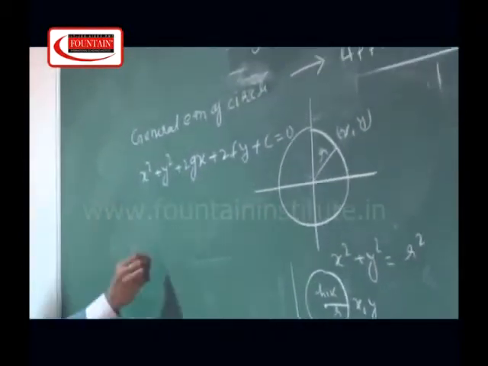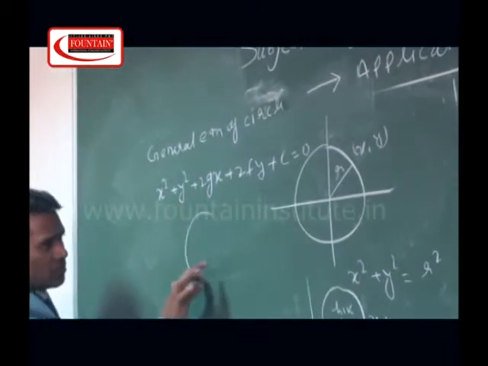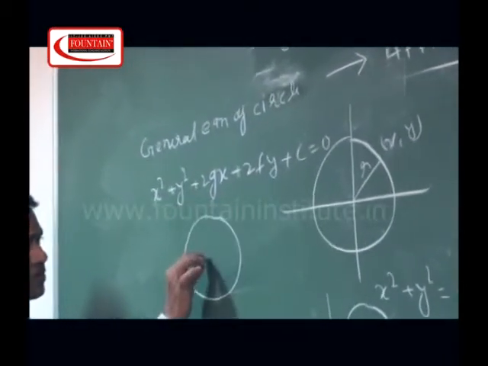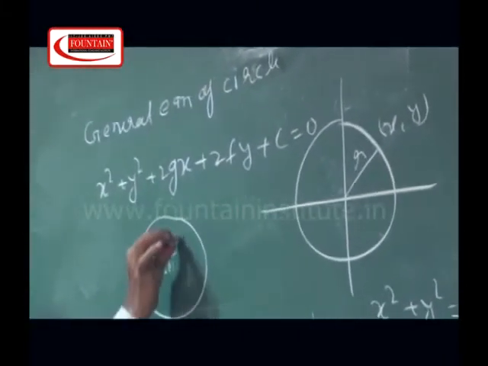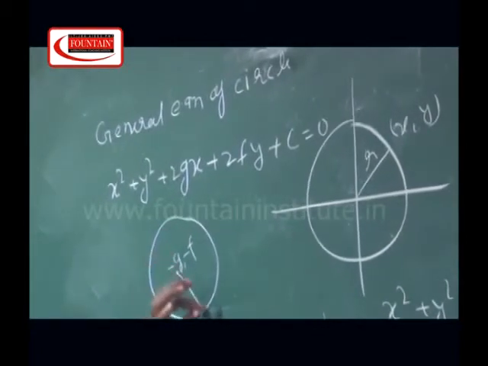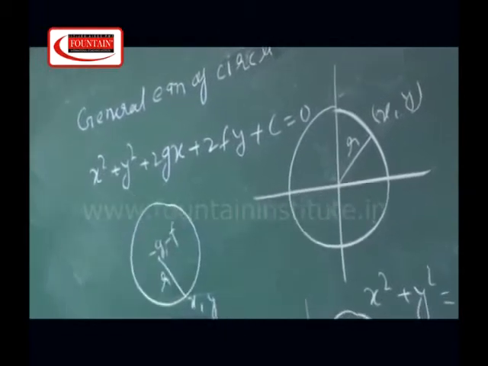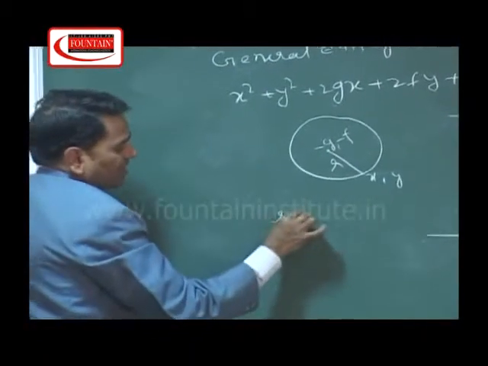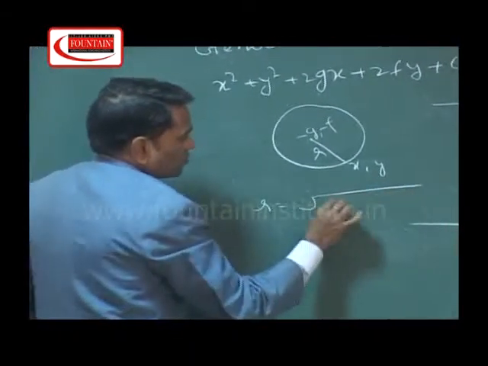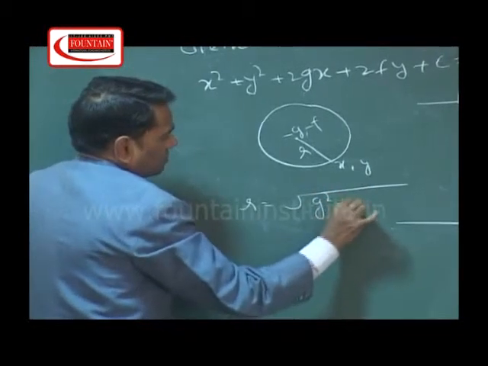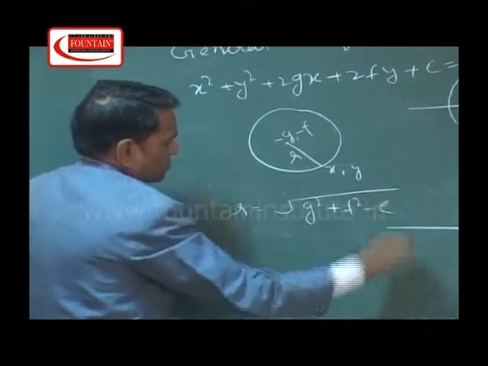In this, the circle's center is minus g comma minus f and whose radius is r, passing through x comma y, so the value of radius r is equal to under root g square plus f square minus c.